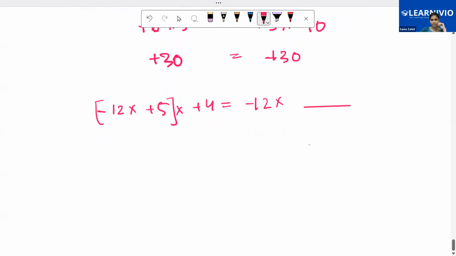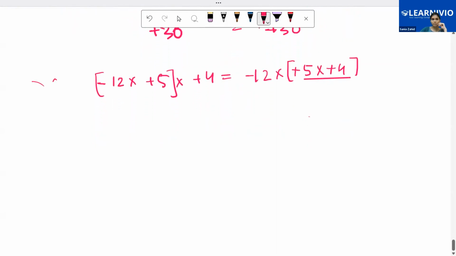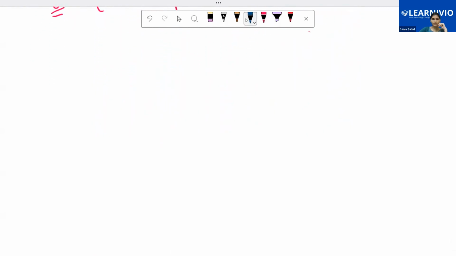Plus 5 into plus 4. So even if I group this, still my answer will be same only. Do you understand this? Yes, ma'am. Now we'll come to the next property, the sixth one, which is the distributive law.